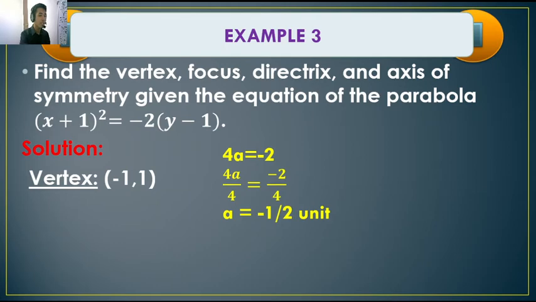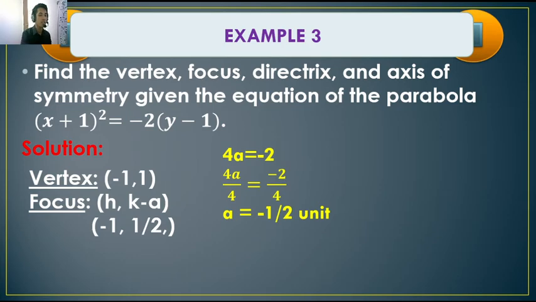Now, the vertex is at (negative 1, 1), and our focus is (h, k minus a), where h and k are negative 1 and 1. Our a is 1/2, so we need to subtract that from k, so that will be 1/2.